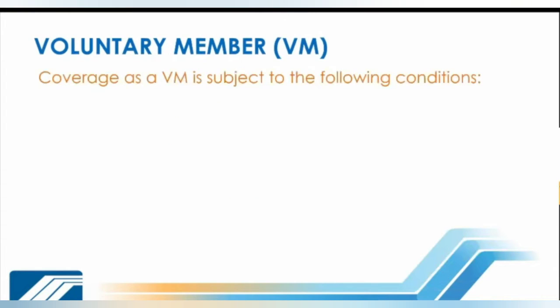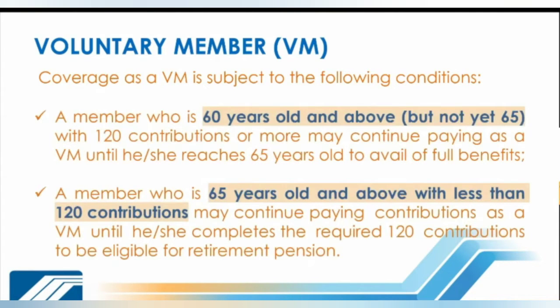So, for more definition, what is the coverage, no, or who are covered as voluntary members? So they are subjected to the following conditions. A member who is 60 years old and above, but not yet 65 years old, with 120 contributions or more, may continue paying as a voluntary member until he or she reaches 65 years old to avail of full benefits.